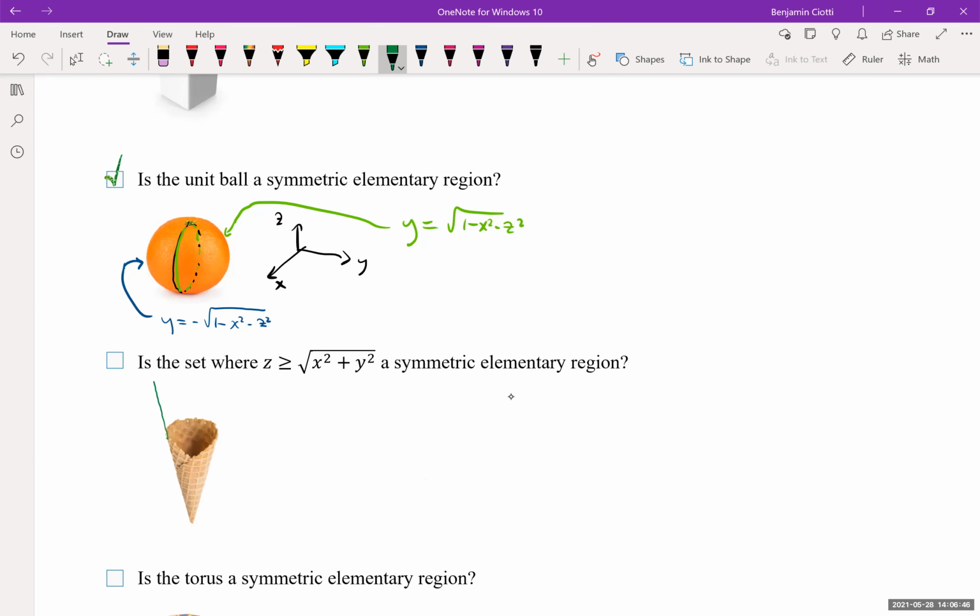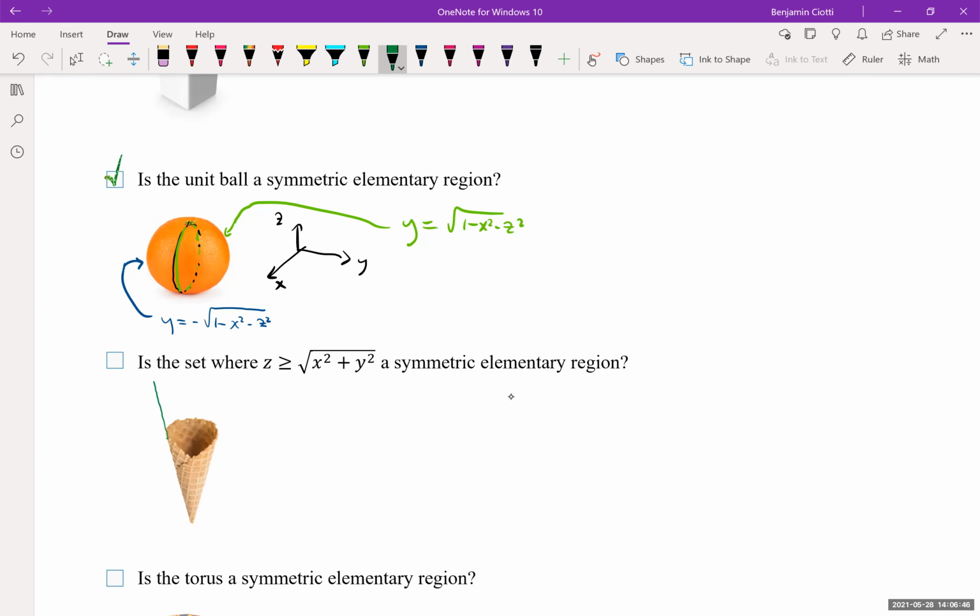So I think probably most of you would intuit that the normal would point away from the coconut on the outer boundary.